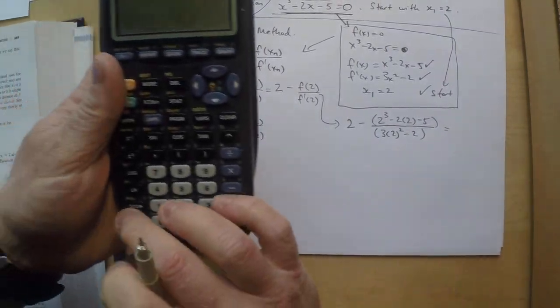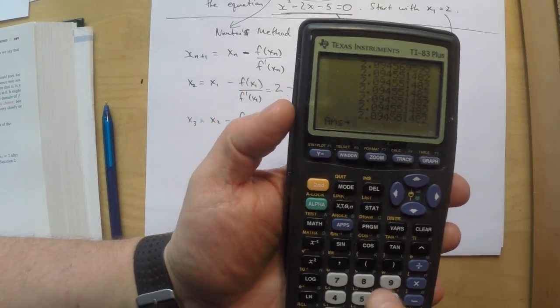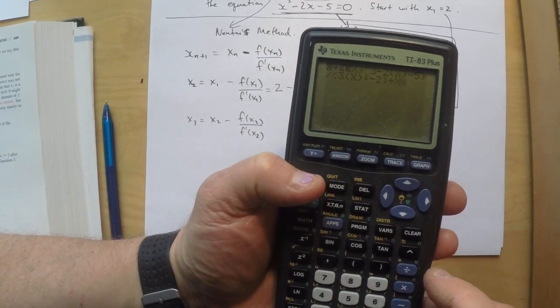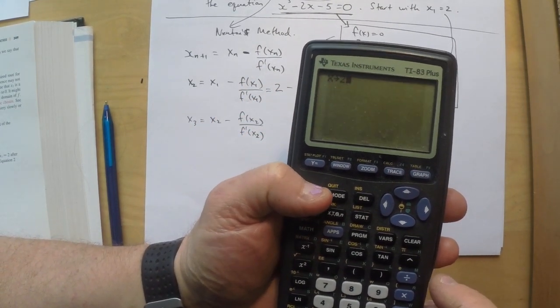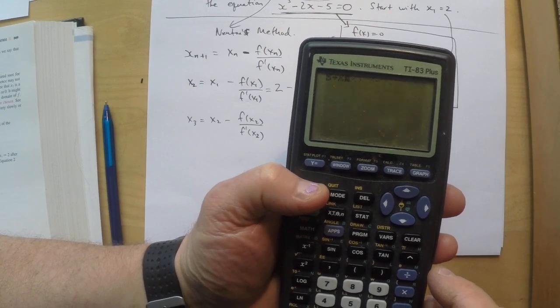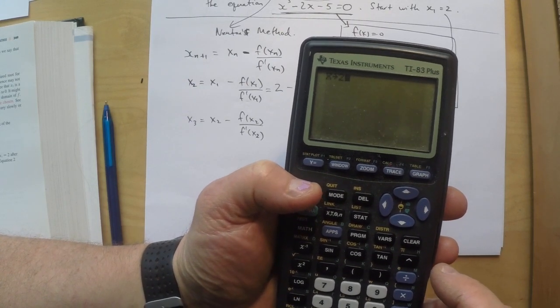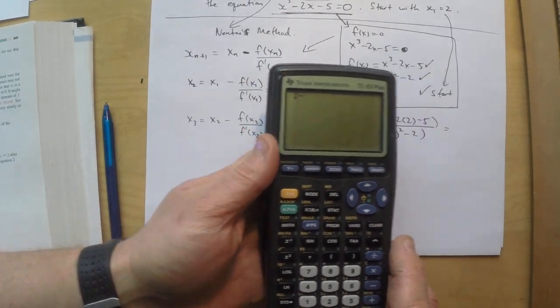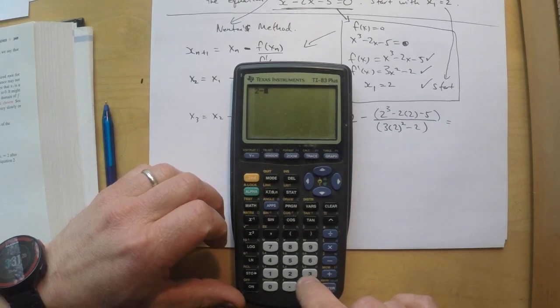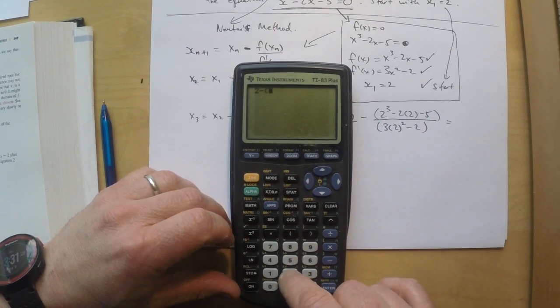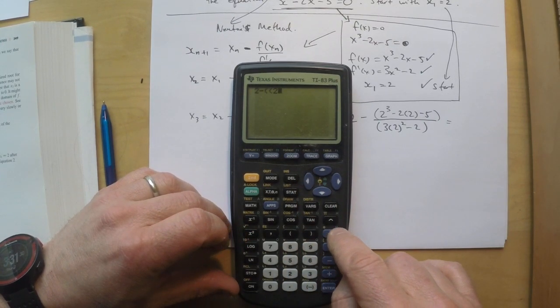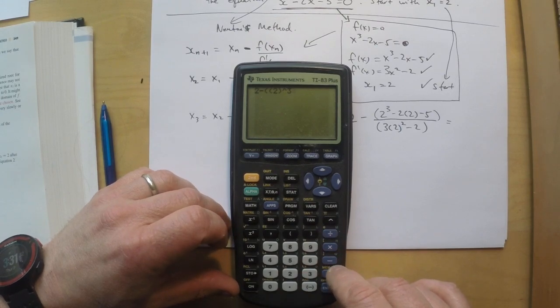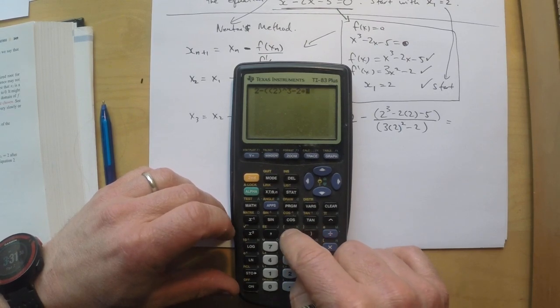Now I think I already did that in here somewhere. Give me a second so you don't have to watch me type it out. Oh, maybe you do have to watch me type it out. Okay, so 2 take away 2 cubed. Let me put brackets around here to be safe. 2 cubed minus 2 times 2.